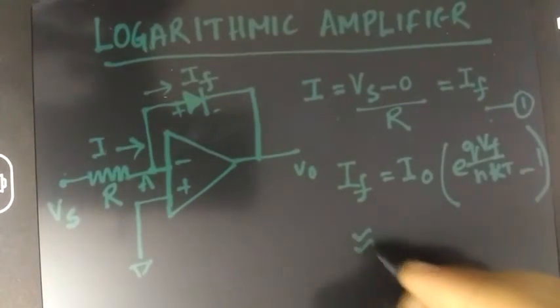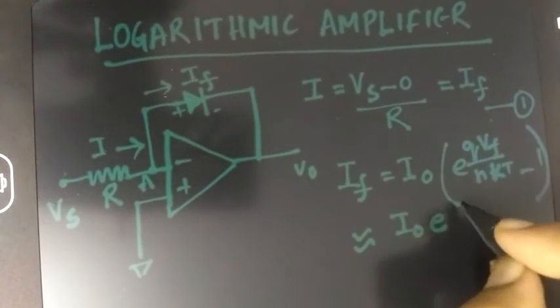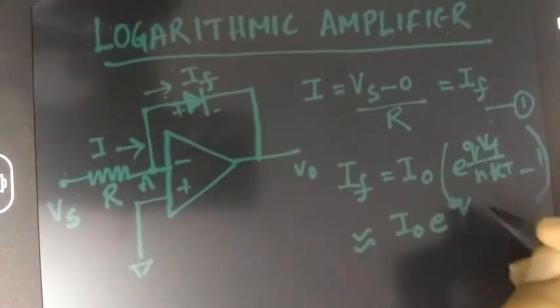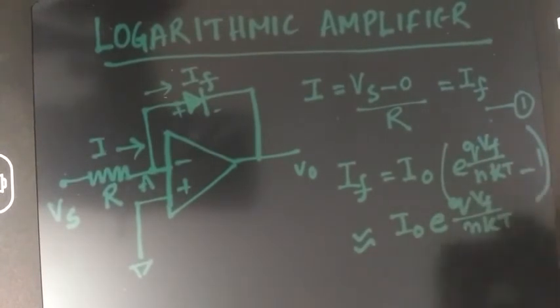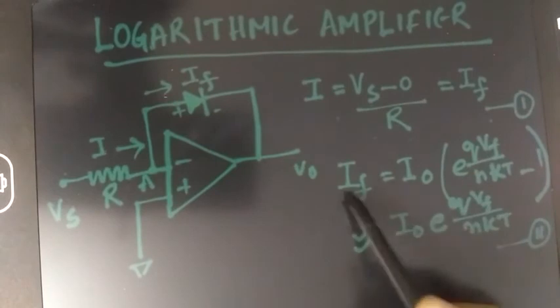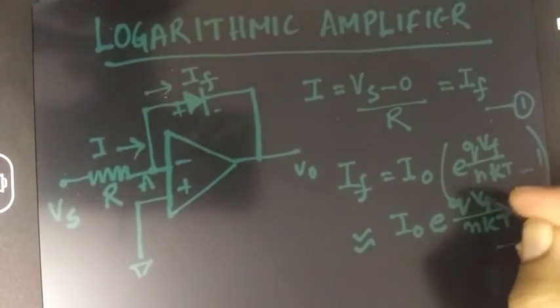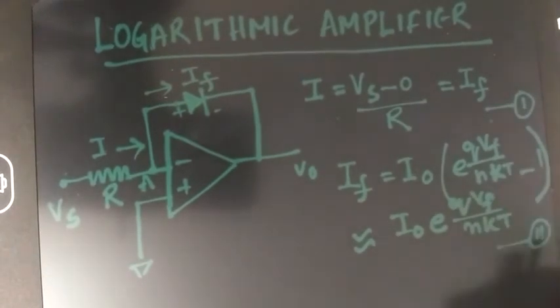So consider this as I naught e to the power q Vf by nkt. Pardon my handwriting, I'm trying to deliver the concept as much as possible. So this forward current IF is equal to I naught e to the power q Vf, F in the suffix, by nkt, where I naught is the reverse saturation current.